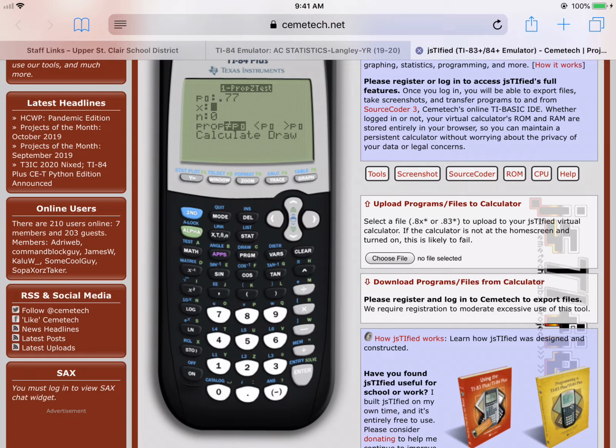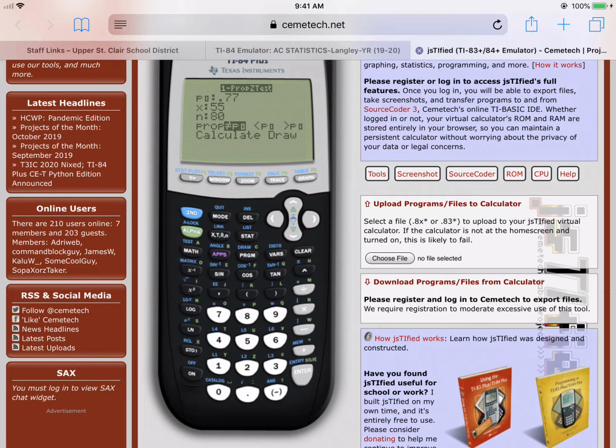The x value is the raw number, meaning that we had 55 people who were opposed to this change, and the total sample size was 80 people. Okay, this was back in the problem. Now, this last thing, we need to tell this calculator if it's a one-sided or two-sided test.